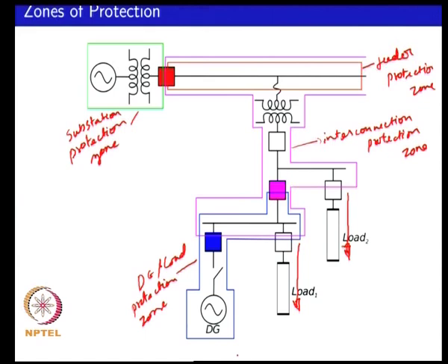So, the next thing is, now that you have identified what could be the zones of protection, and what could be considered interconnection and critical load protection, you could consider what could potentially be some of the relaying functionality that could be used to accomplish some of the protection.